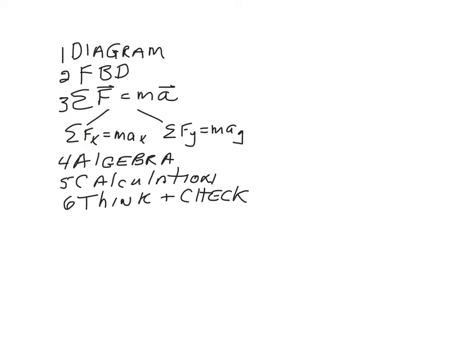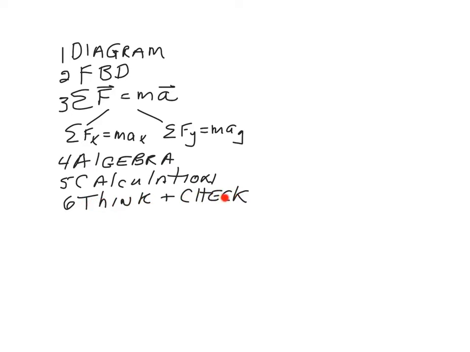Then once this is done, do the symbolic algebra. Don't jump in and substitute numbers. Just do the symbolic algebra and then wait till the end to do the calculation. And once you've done the calculation, then you look at your answer and you think about it. Does it make sense? Is this a reasonable number?